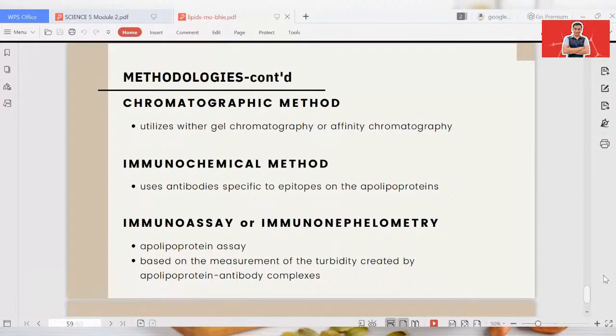Next is the immunoassay or immunonephelometry. It is an apolipoprotein assay, and it is based on the measurement of the turbidity created by apolipoprotein antibody complexes.